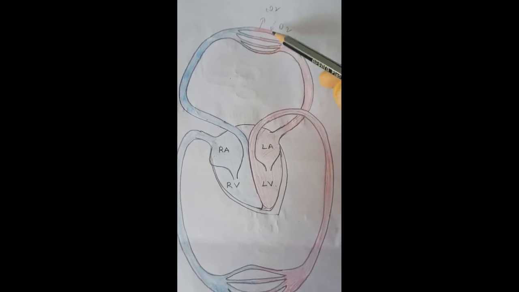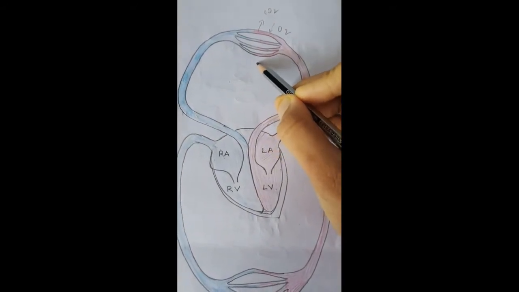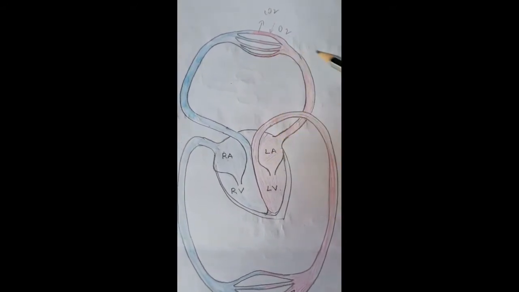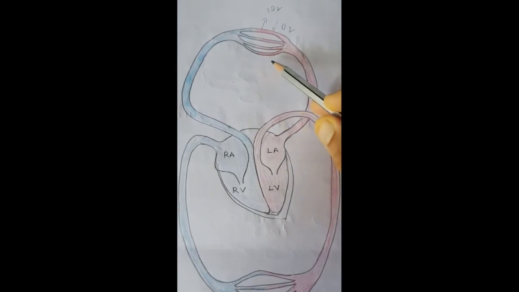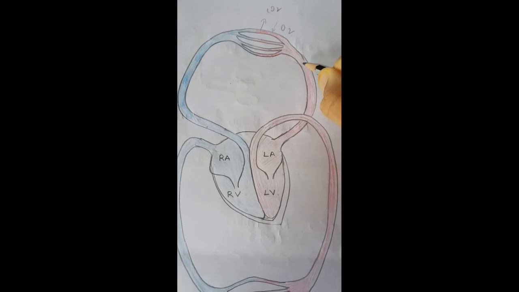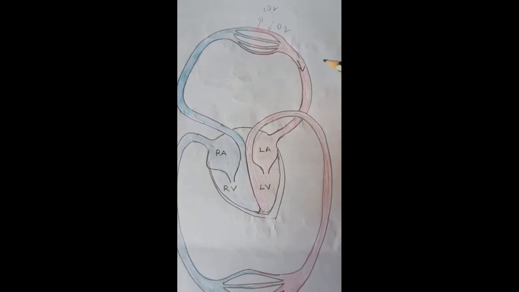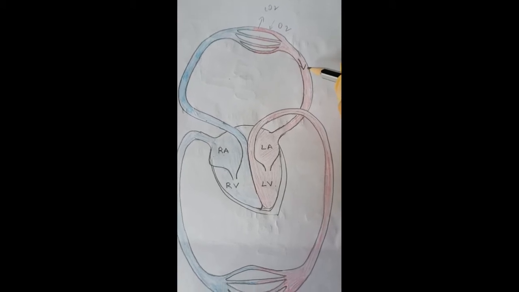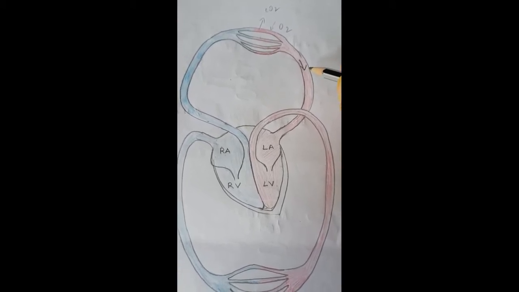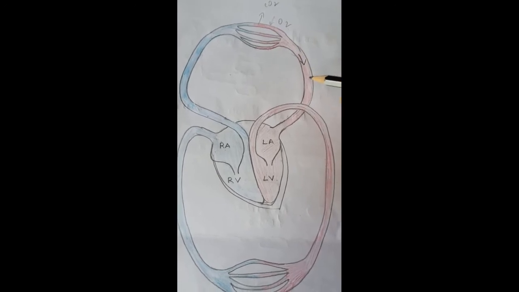So these are the capillaries present in the lungs. You can write capillaries in the lungs, or simply you can write lungs. From the lungs, we are going to draw the arrow which indicates the direction of the blood flow. So from the lungs we receive oxygen rich blood. That's why we have given red color.